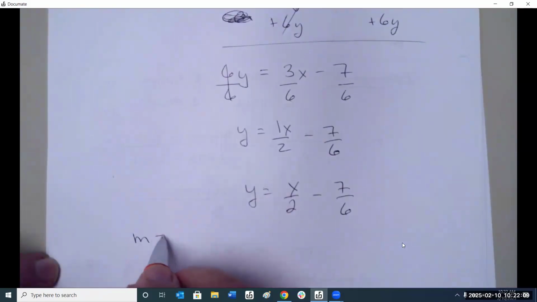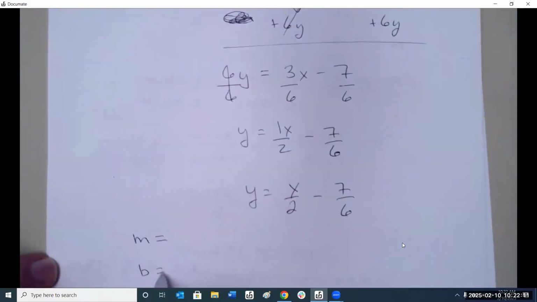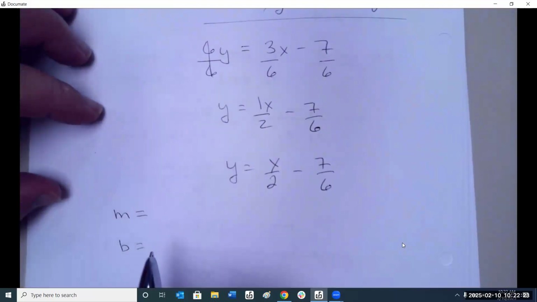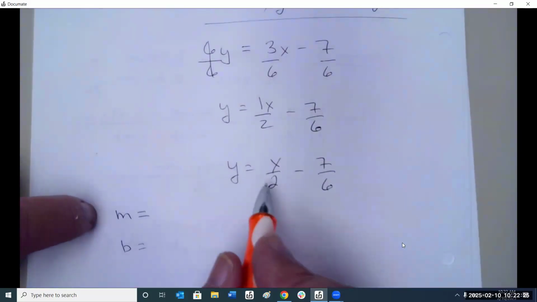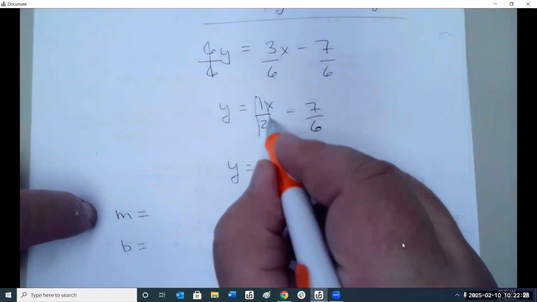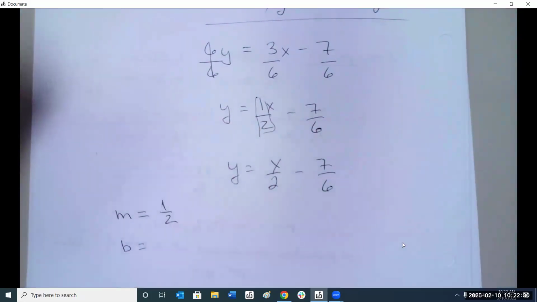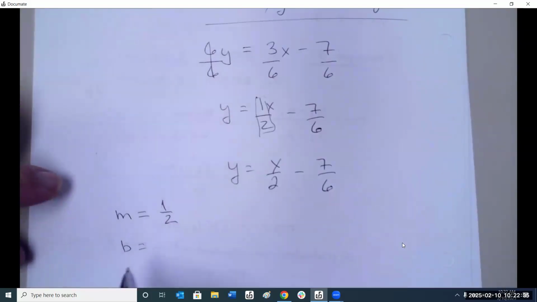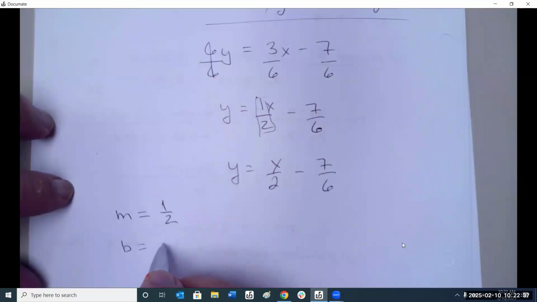So what's your slope? And what's your y-intercept? Remember the slope cannot have x. So it's the number 1/2. And the y-intercept? So the B is what? Negative 7/6.